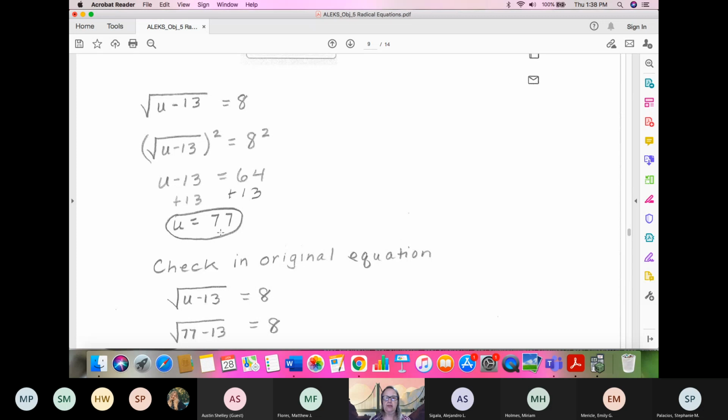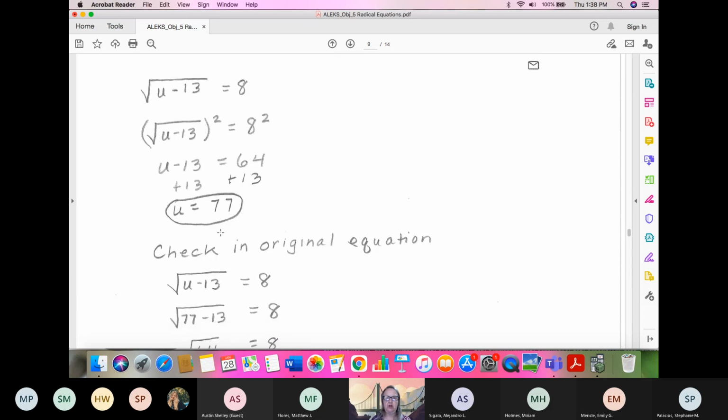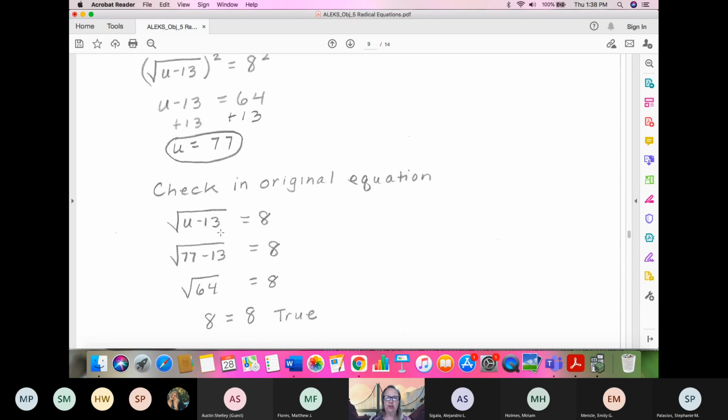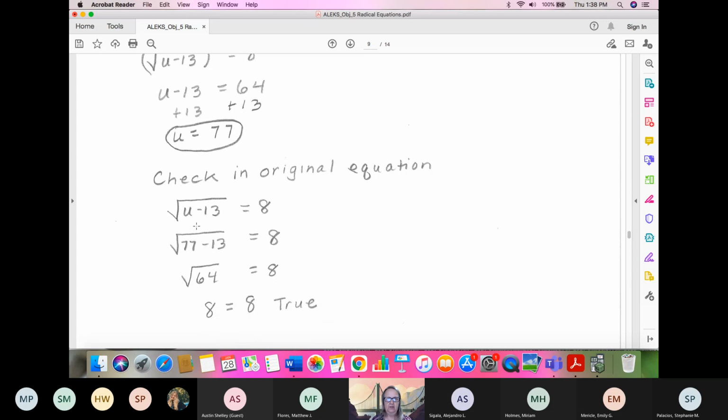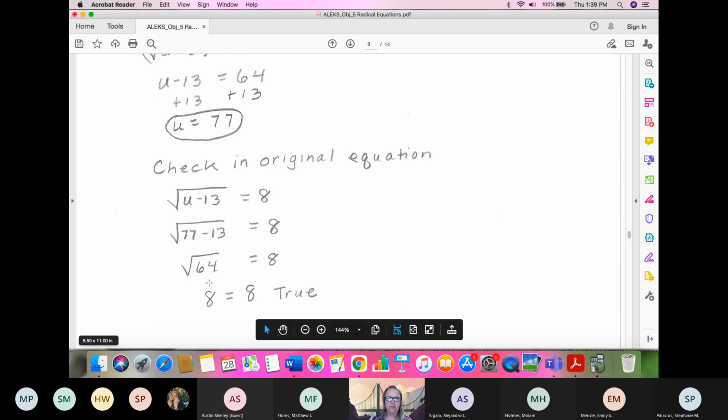Now that's not guaranteed to be a solution. We want to make sure we check it in the original equation. So here's our original equation. We're going to put 77 in for u. We get square root of 77 minus 13. Turns out that that's square root of 64.